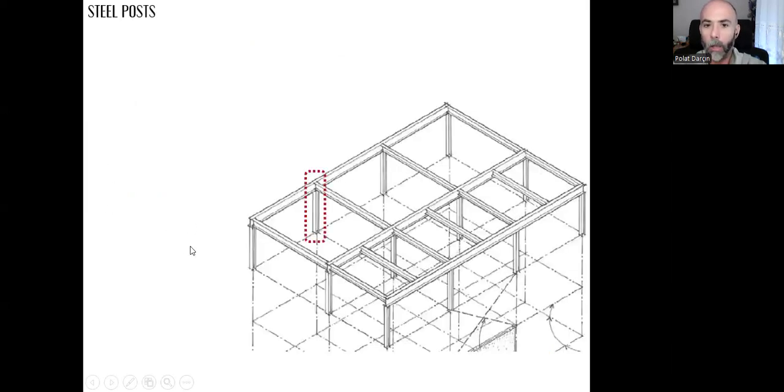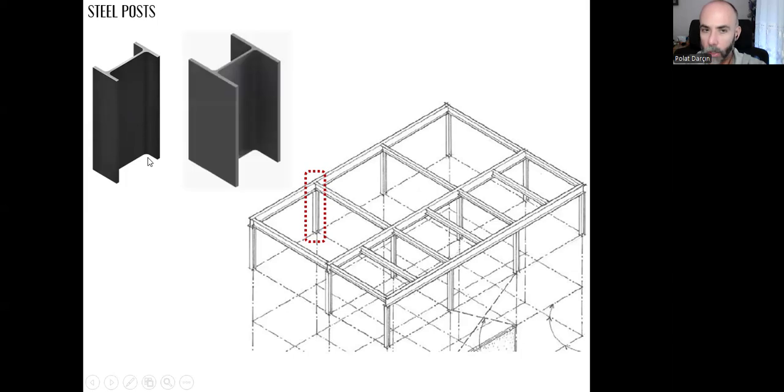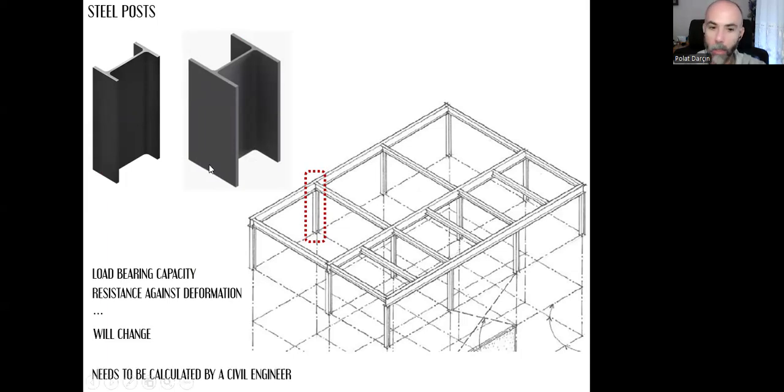For the steel posts, we can have any shape like this W shape, but if we change the shape or the sizes, get a bigger one, obviously it will affect its load-bearing capacity or resistance against deformation. And these need to be calculated by a civil engineer.